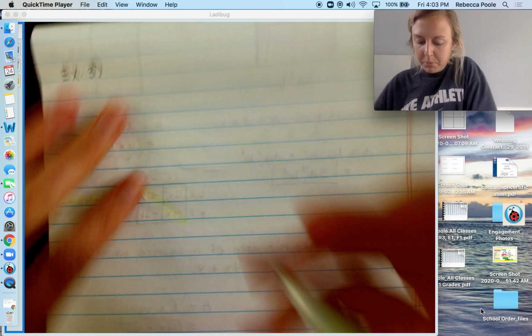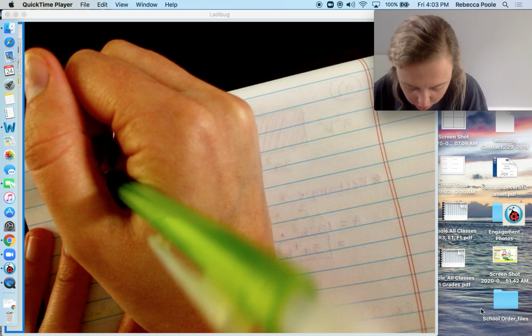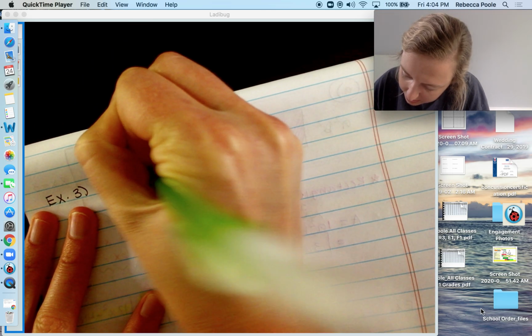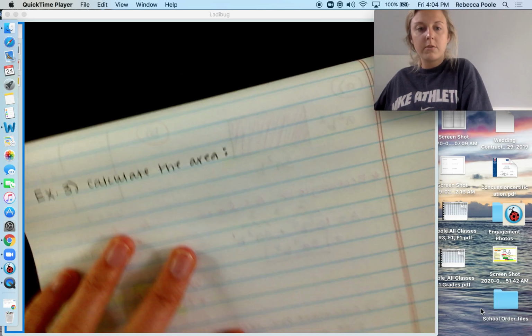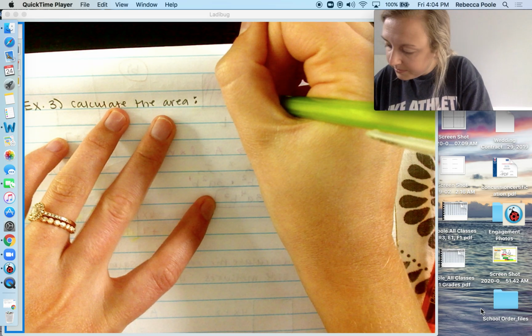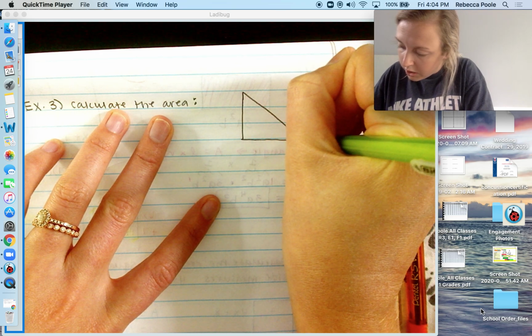All right. Example 3. We're going to calculate the area. And I'm going to give you guys the picture for this one. So we've got a new shape.